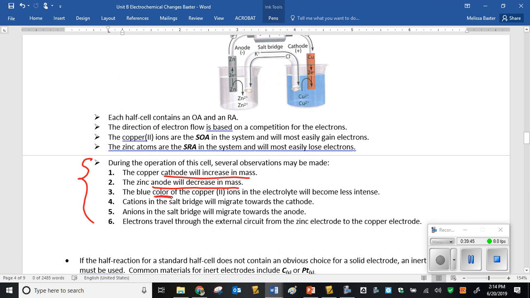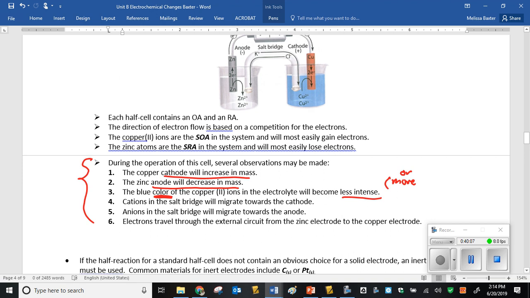Color is something that you will frequently observe. So in this one, zinc didn't really have a color, but copper did. Since, in this case, copper ions are being reduced to copper metal, the color becomes less intense, but it could be more intense in a different scenario.